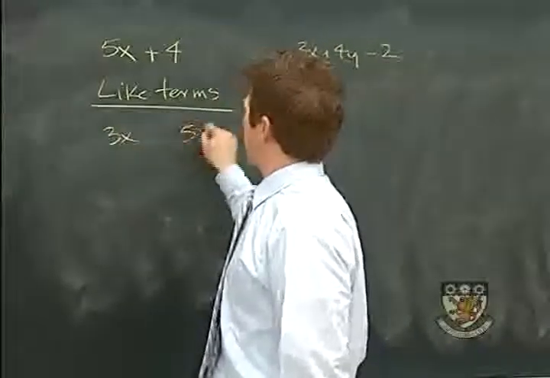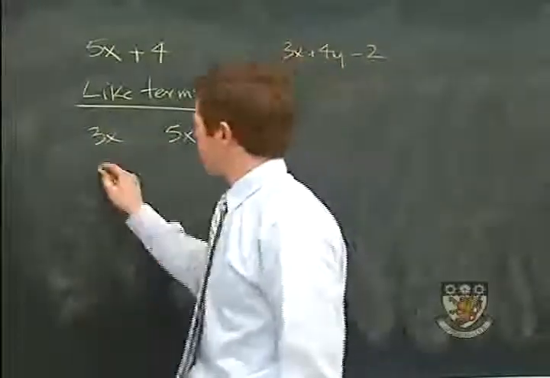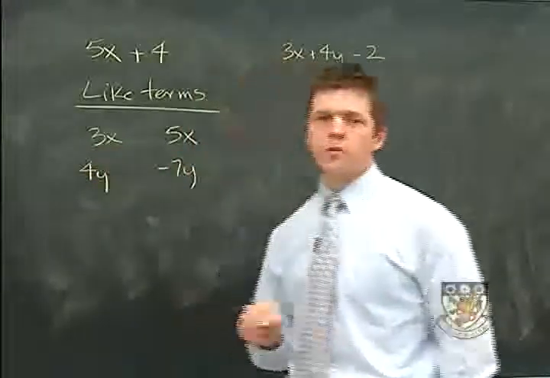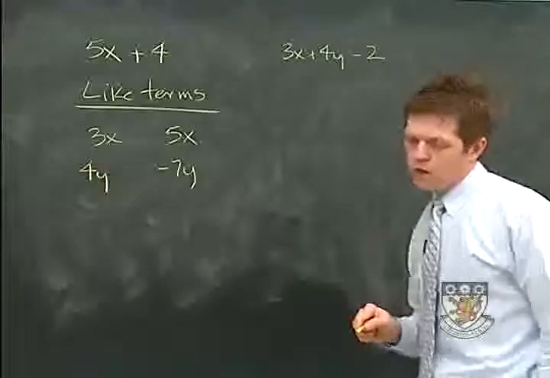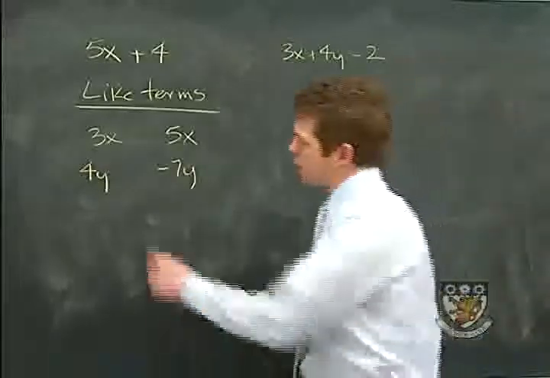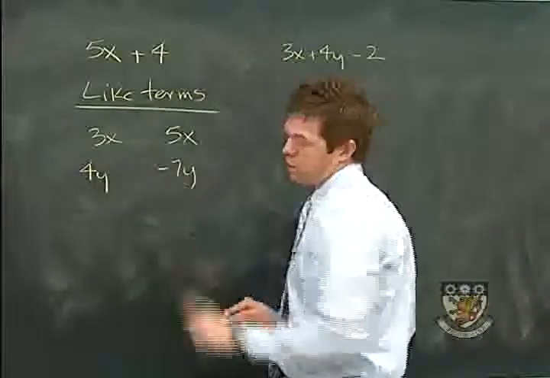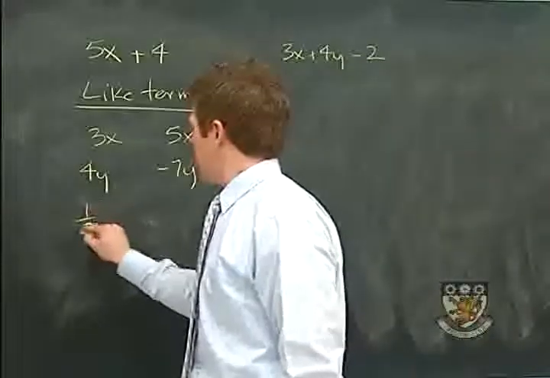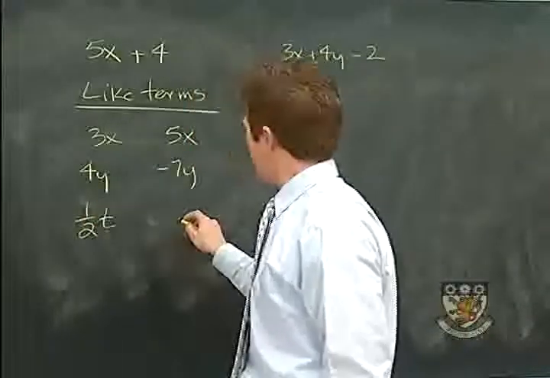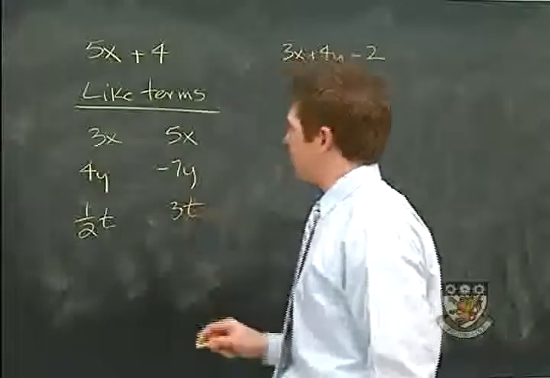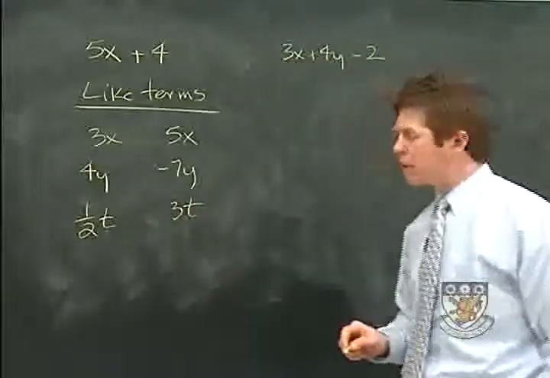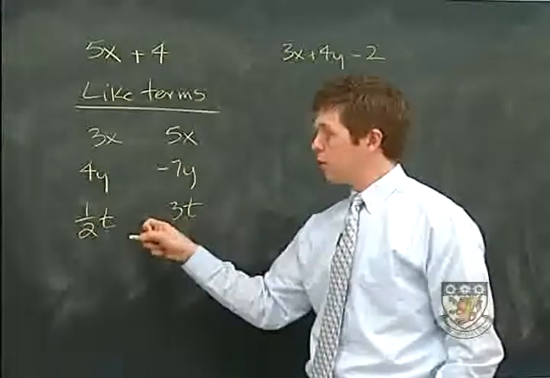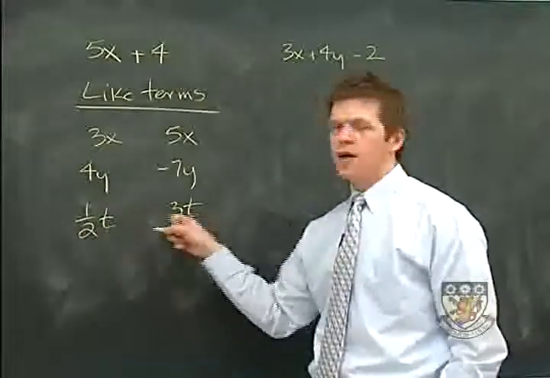3x and 5x are like terms. 4y and negative 7y are like terms. Even though the 7 is negative and the 4 is positive, what matters is they have the same exact variable. 1/2 t and 3t are like terms because even though this is a fraction and this is a whole number or an integer, they have the same variable.